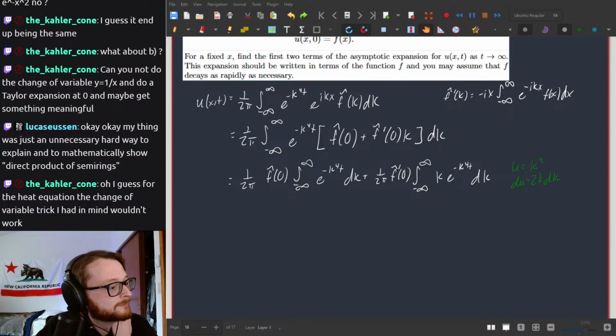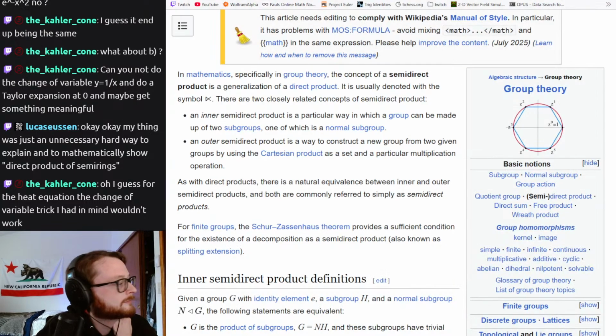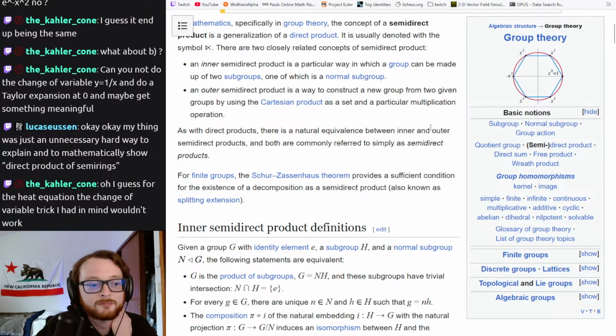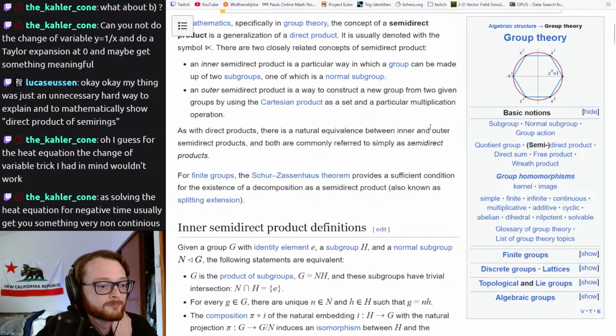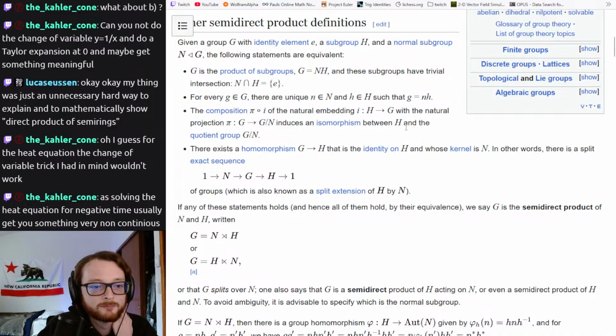Okay. See something very non-continuous? Okay. Maybe I learned about product subgroups at some point. I don't remember how these work, though. My algebra is very weak.